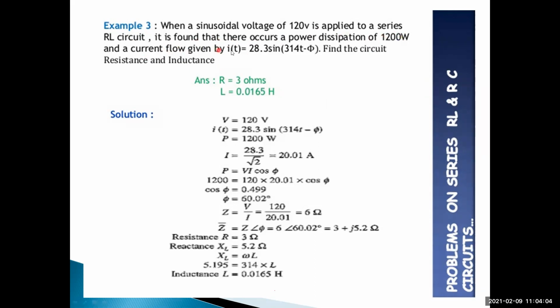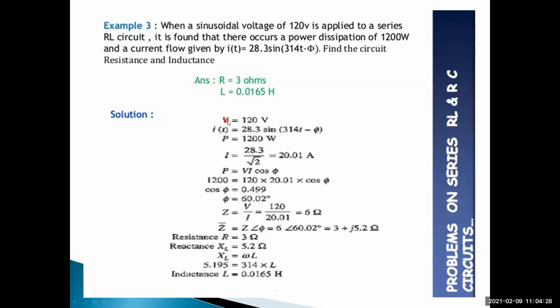The current is i(t) equals 28.3 sine of (omega t minus phi). That means the current is lagging. i(t) equals Im sine (omega t minus phi). Find the circuit resistance and inductance, the elements R and L of the series RL circuit.